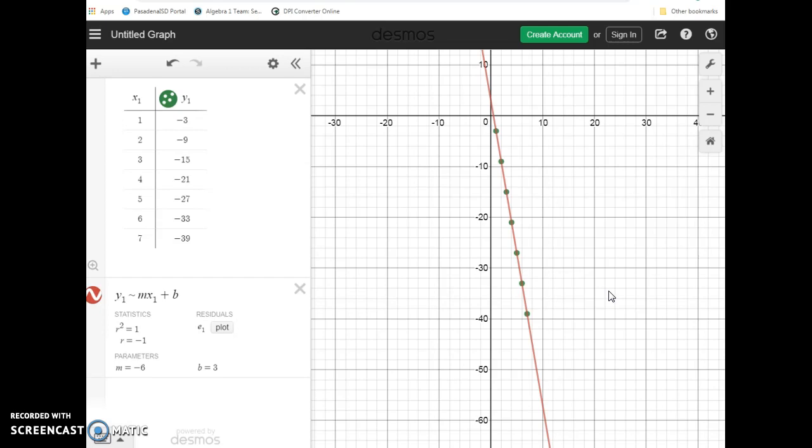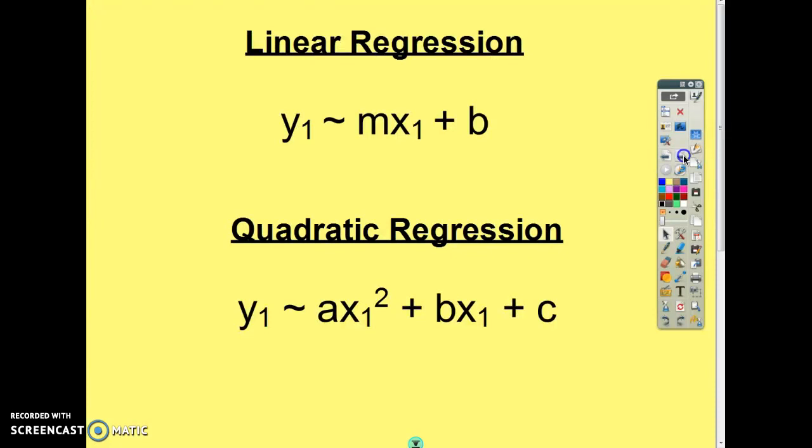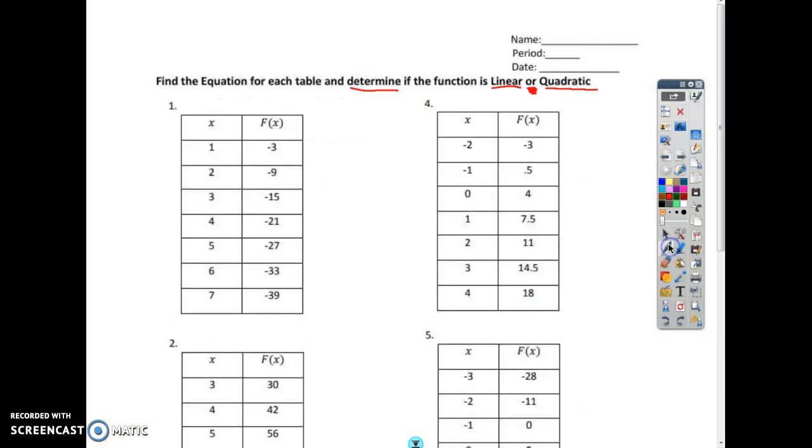Even though to some of y'all it might have looked like a curve, but it wasn't. So we're going to type this in there. It's going to be -6x plus 3. My equation's -6x plus 3. And write down that it's linear.